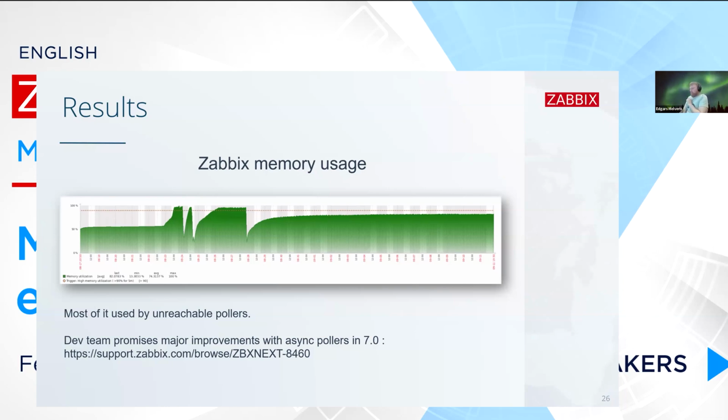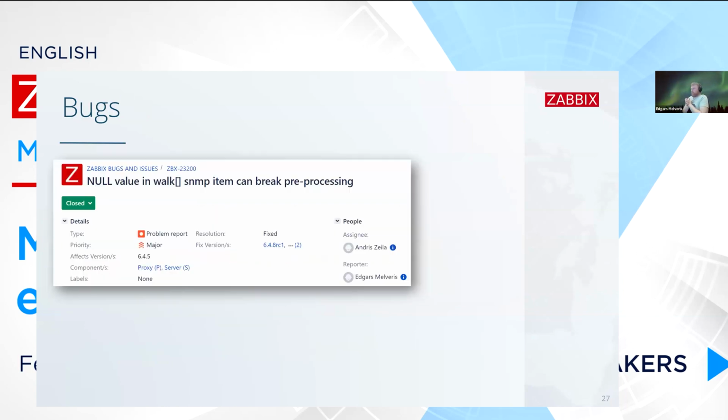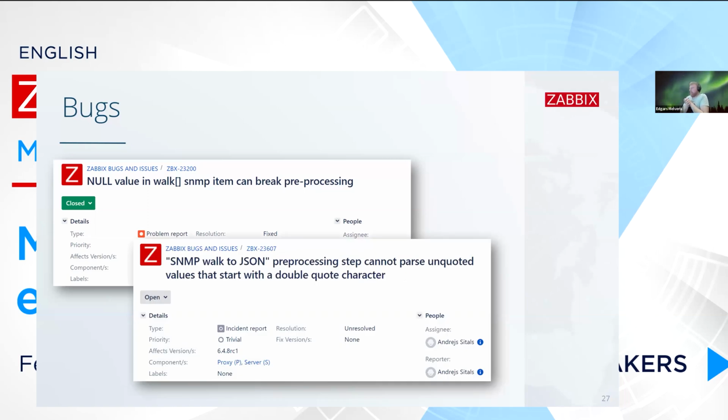Okay. Also, some bugs were found. If we find a specific interesting value, null in the output, this could break something. This was quickly fixed. There were some more bugs. Okay, this one, as far as I know, is partially fixed.